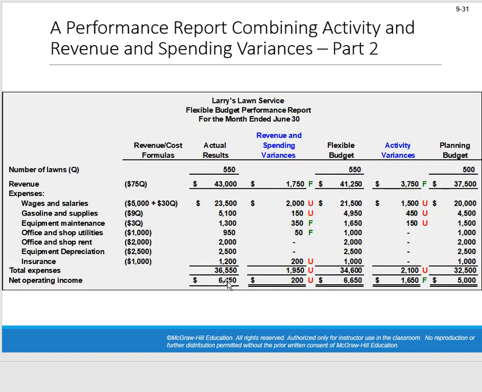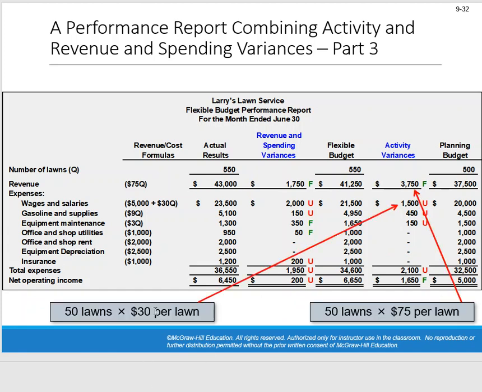So we had a higher level of activity, but didn't do amazingly well in terms of controlling our costs. So we're breaking down that total variance of 1450 into 1650 favorable for activity and 200 unfavorable for revenue and spending.